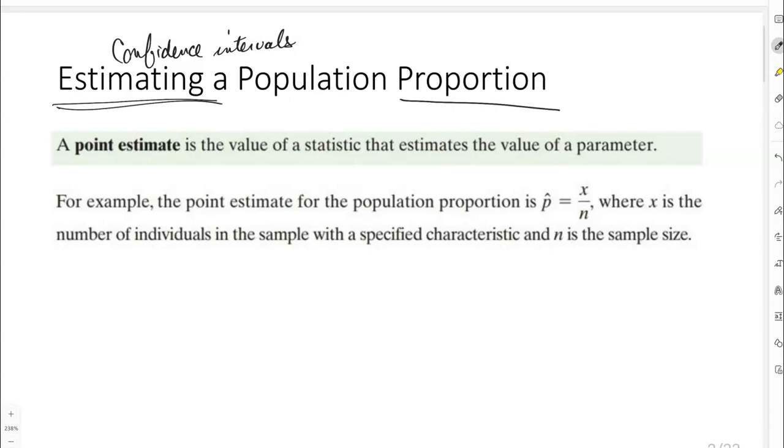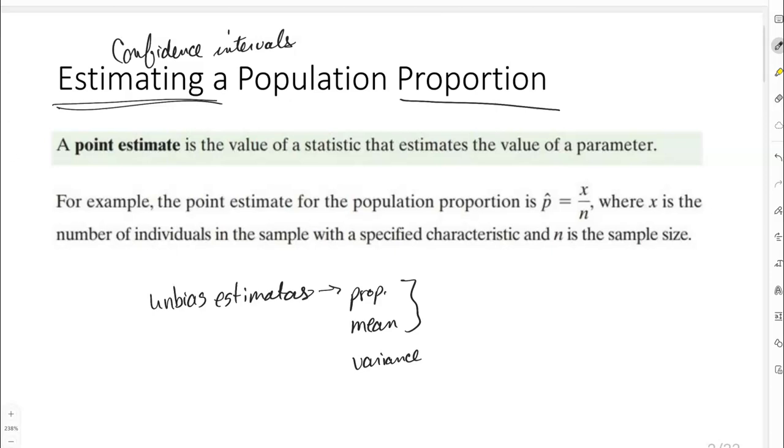So a point estimate, anytime you see that, is really just the value of a statistic that estimates the value of a parameter. The ones that we saw were unbiased estimators were the proportion and the mean. And we also saw variance. And we're really going to focus on the proportion and the mean.